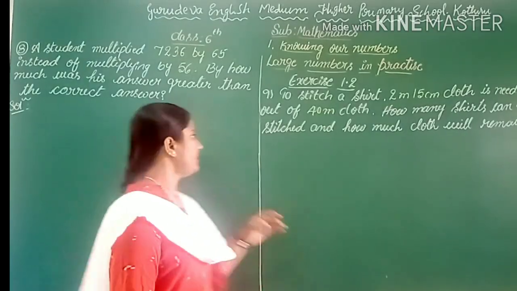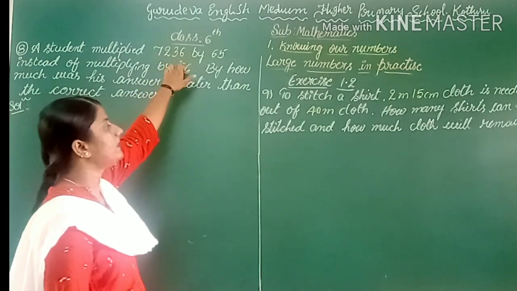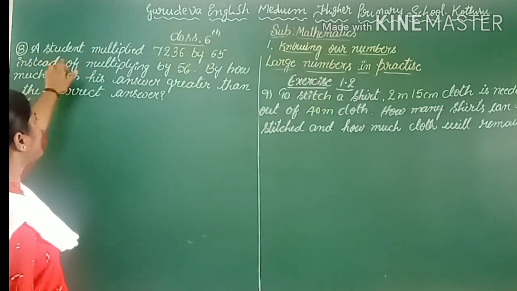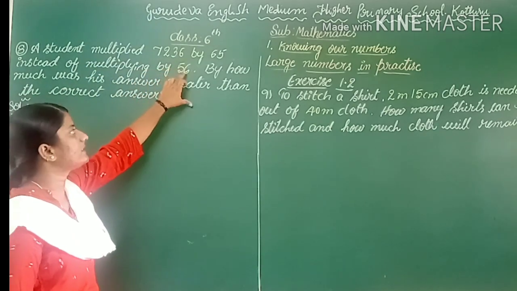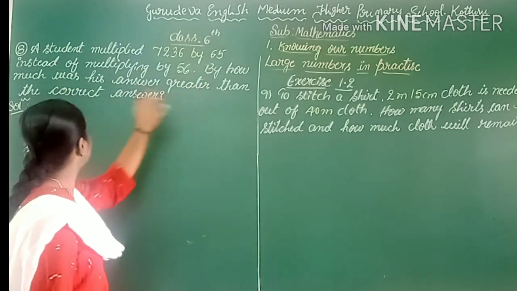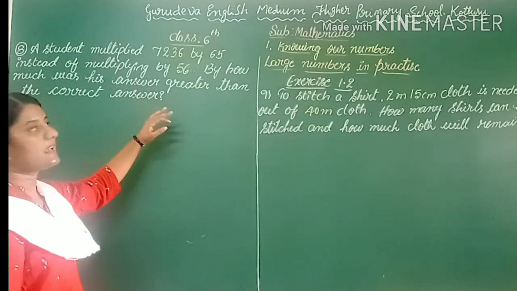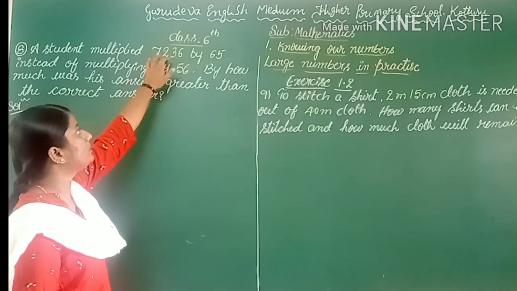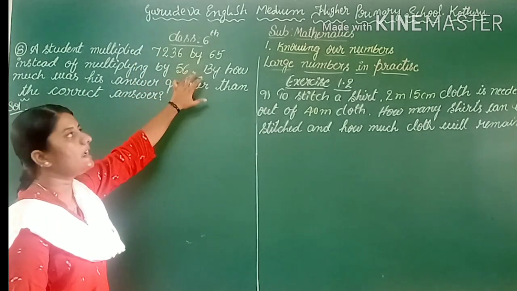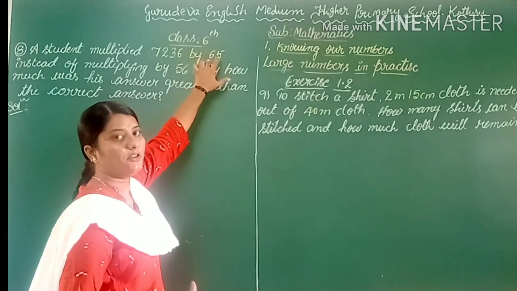Then the next question is: a student multiplied 7,236 by 65 instead of multiplying by 56. By how much was his answer greater than the correct answer? Here actually the student has to multiply 7,236 by 56, but he has written it wrong as 65.